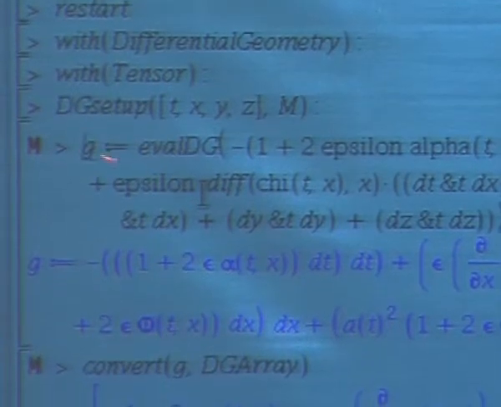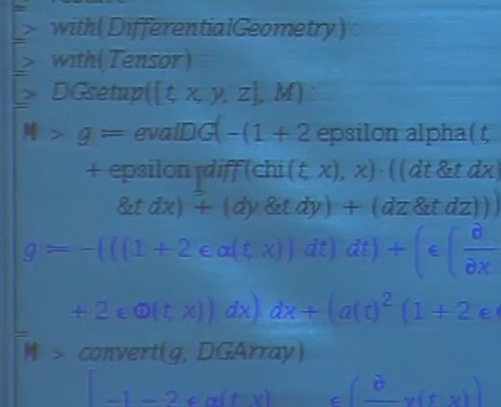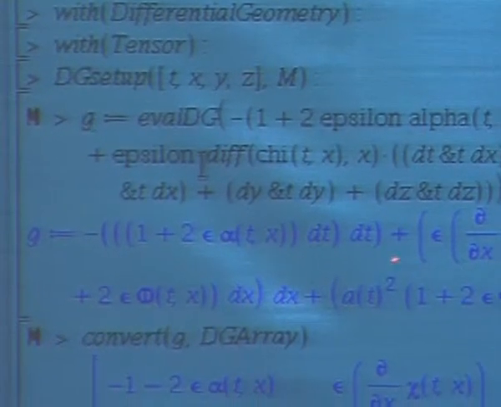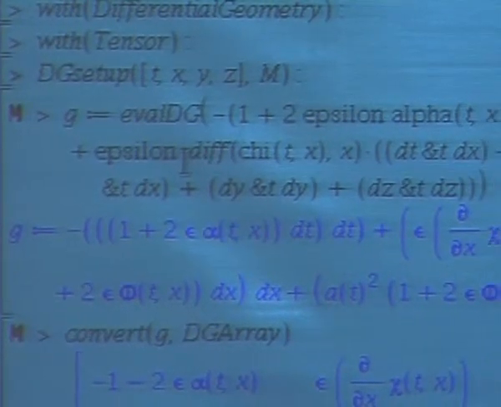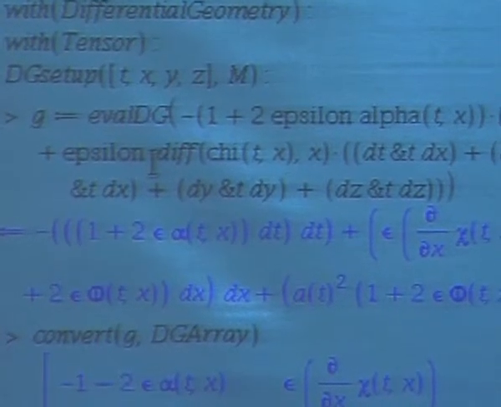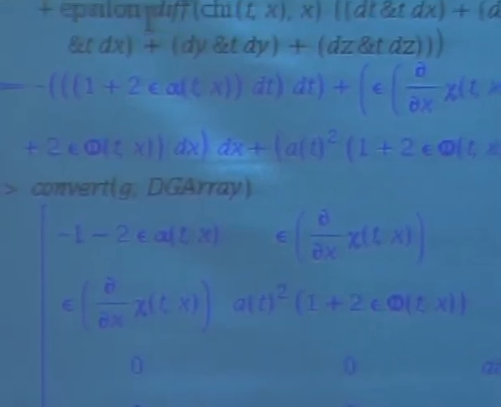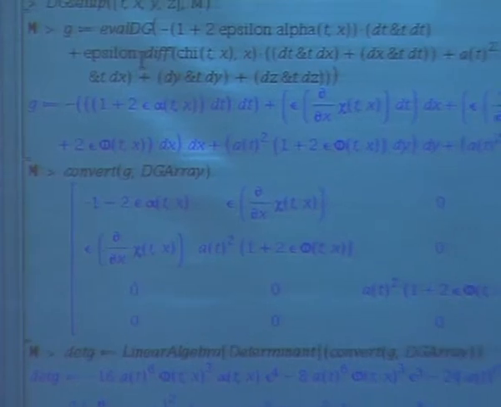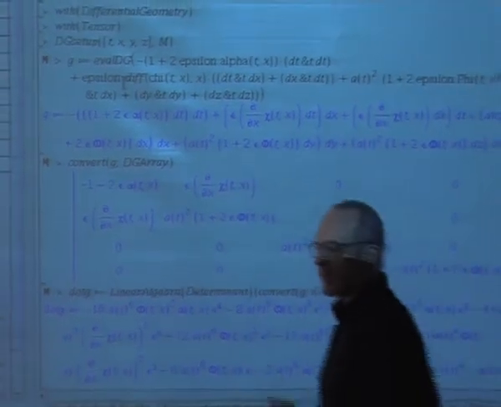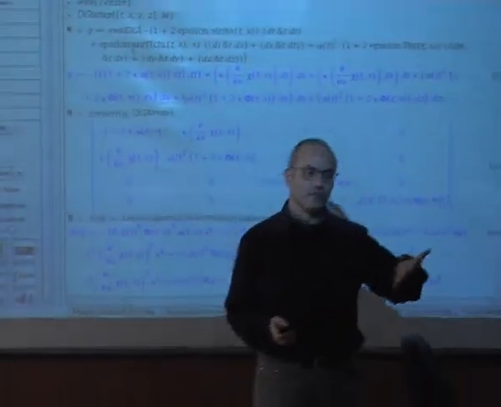Then I introduce the metric tensor, and as you can see, once I write it in terms of a matrix, it looks like this. As I told you last time, I am considering here a wave propagating only in the x direction.